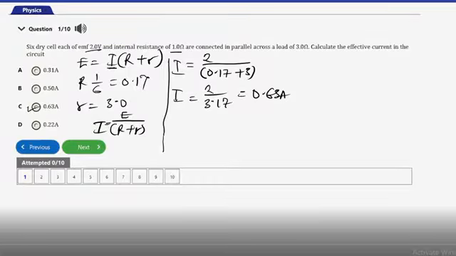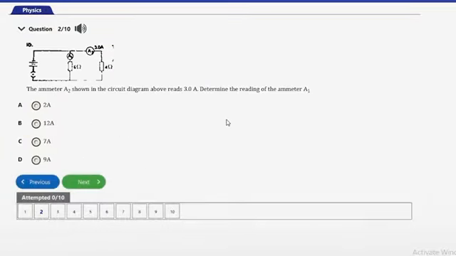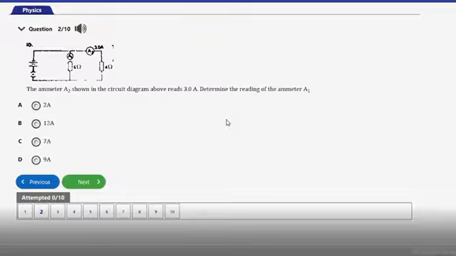Let's go ahead and consider the next question, guys. So that's question number 2 here. It says the ammeter A2 in the circuit diagram above reads 3.0 amps. Determine the reading of the ammeter A1. So guys, this is actually very simple. So we know that the ammeter A2 and A1 are actually connected in parallel to each other.